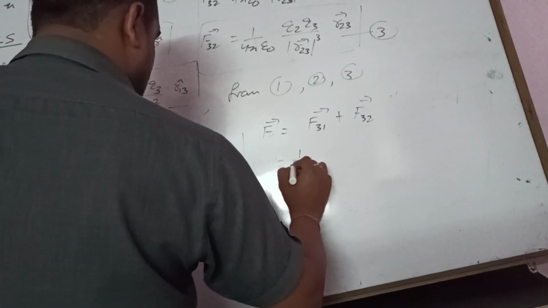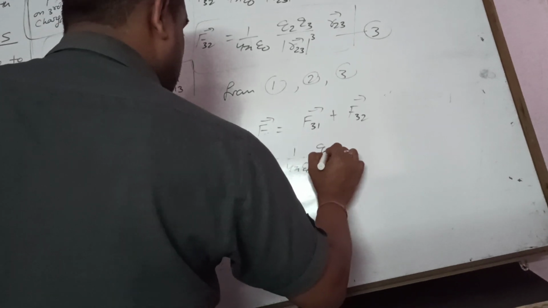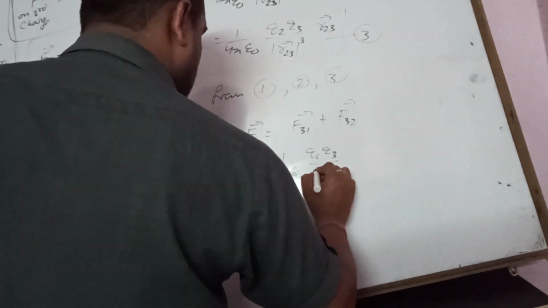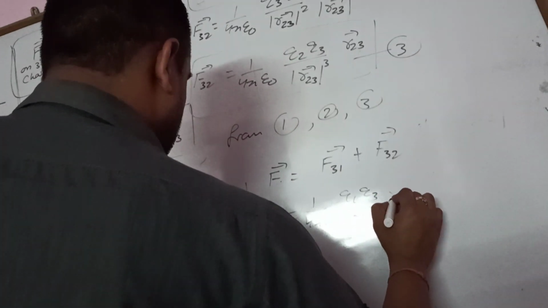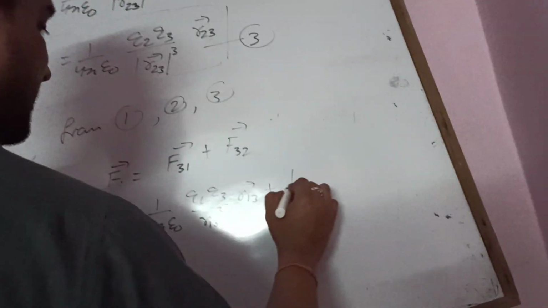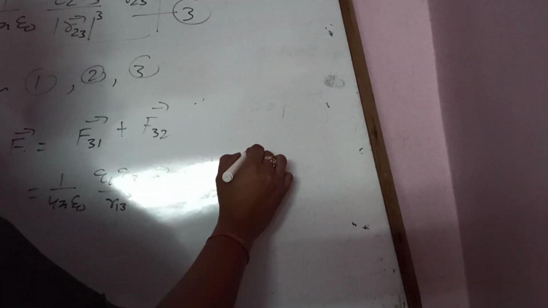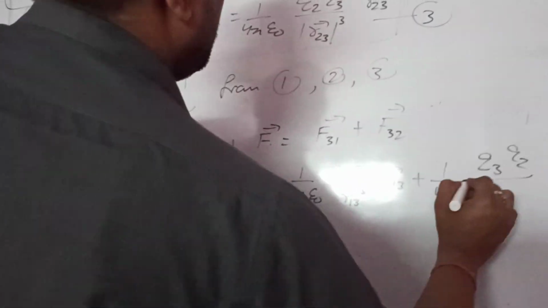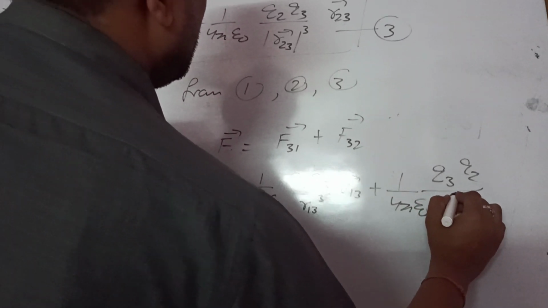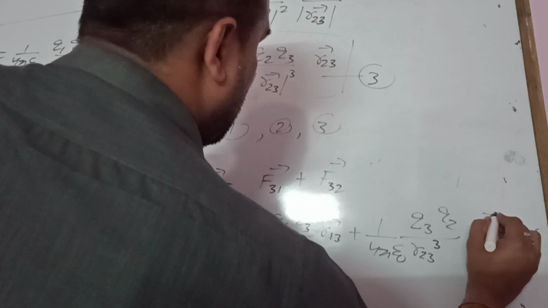That is 1 upon 4 pi epsilon naught Q1 Q3 upon R13 cube R13 vector, plus 1 upon 4 pi epsilon naught Q3 Q2 upon R23 cube R23 vector.